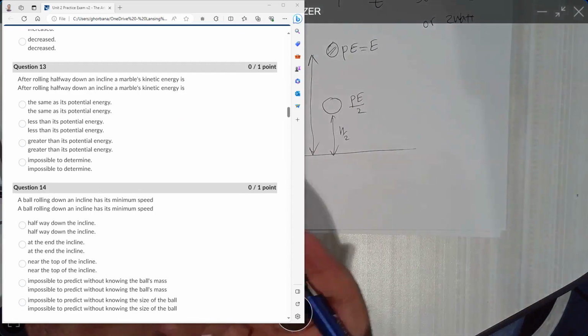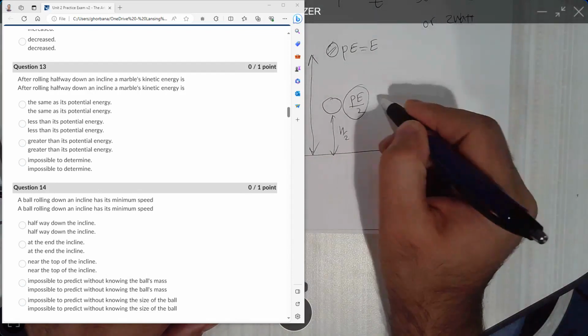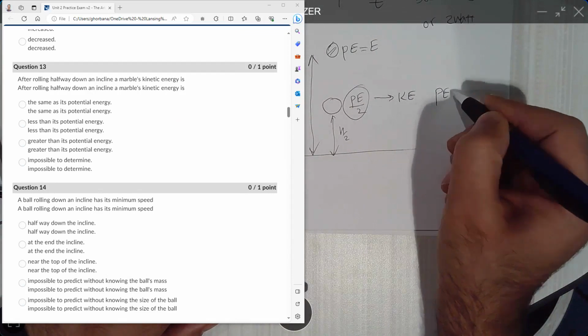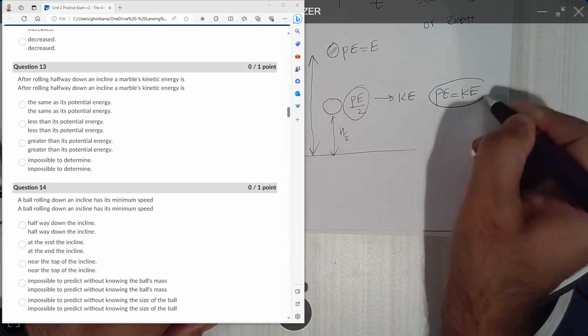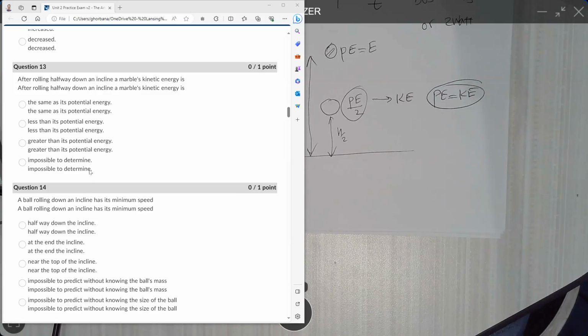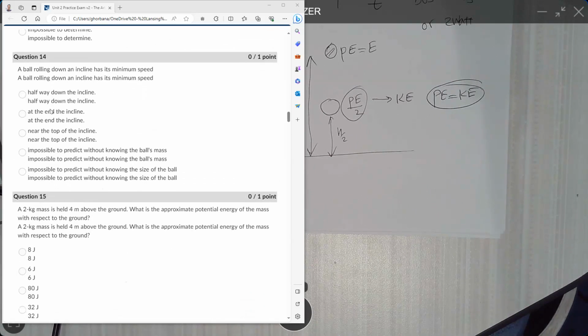What happened to the other half? It's going to be kinetic energy, yes? The other half turns to kinetic energy. So it means that potential and kinetic energy at the halfway point are equal. So the right answer will be the same as potential energy. Number 14.